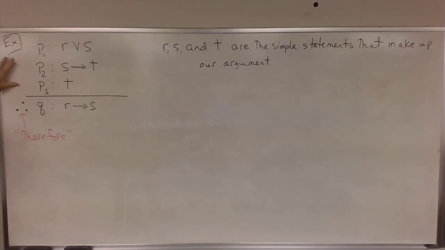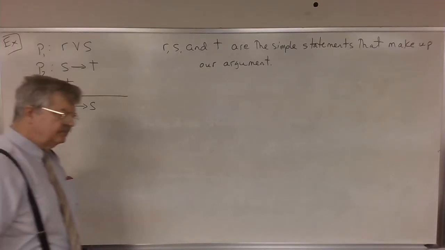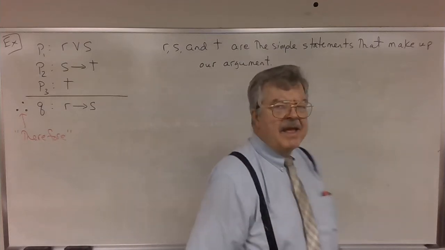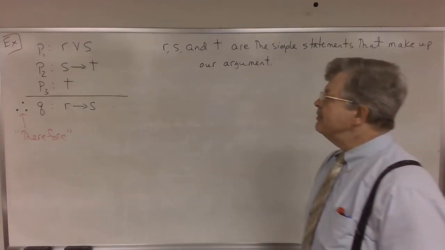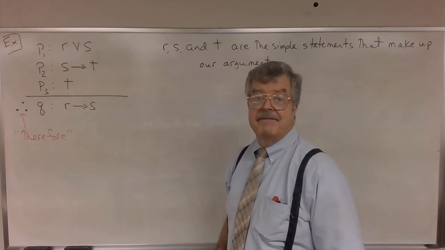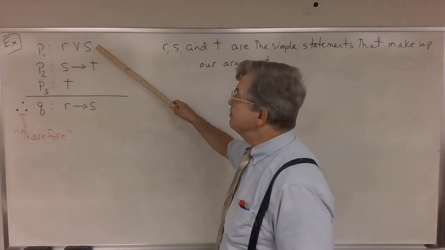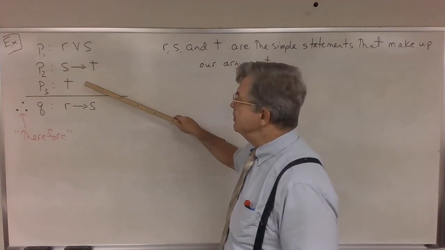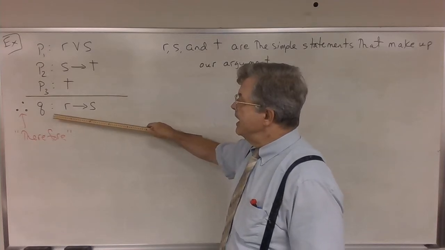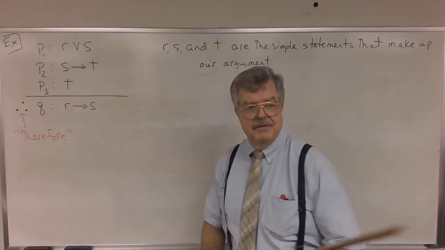This is how we might be given the premises and the conclusion for our argument. Now, have I actually written the argument out? I haven't. But here's premise 1, here's premise 2, here's premise 3, and here's our conclusion.